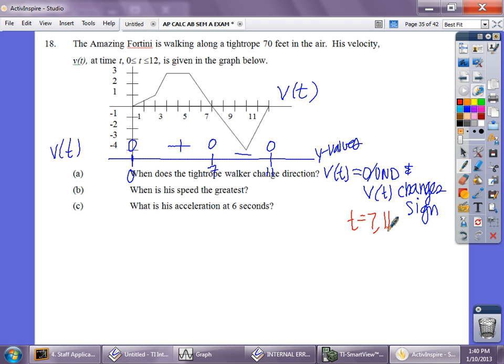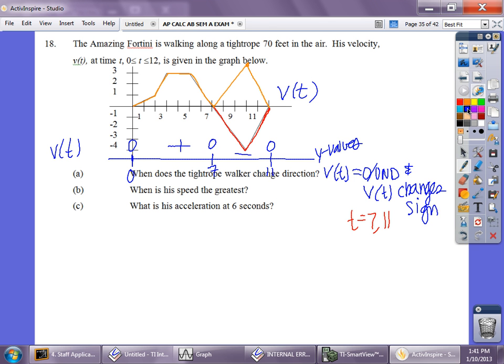Letter B. When is the speed the greatest? So graphically, if you're doing speed, you're going to look at the absolute value graph. So the absolute value graph would mean that this piece here in red would reflect across the axis, and I would get this orange graph would be considered the speed.